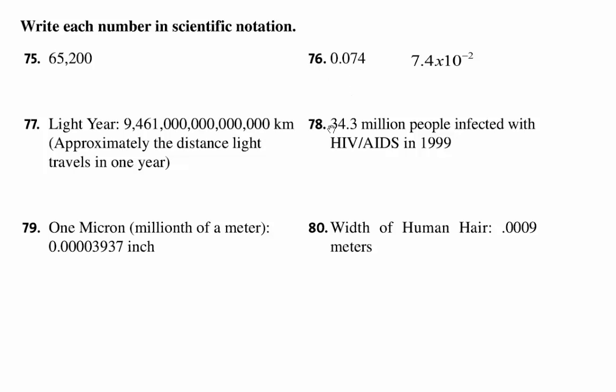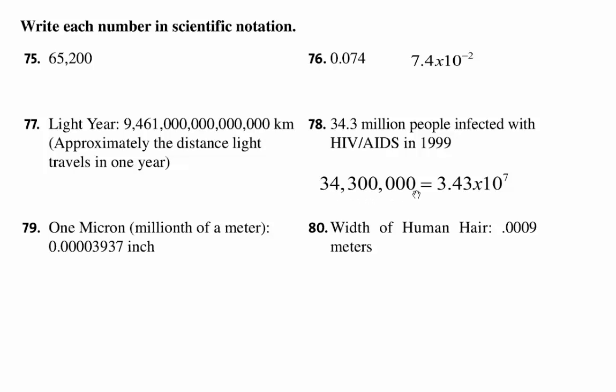Let's take a look at number 78. We have 34.3 million people. So first I think we should write this out in standard form. So 34.3 million people, if I write that in standard notation, that would be 34,300,000 people.